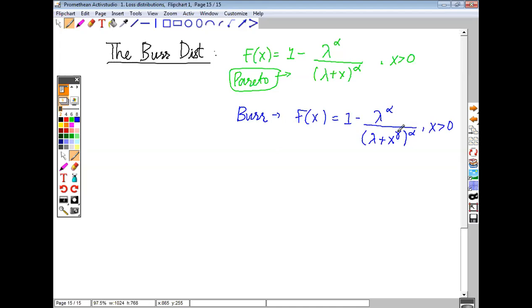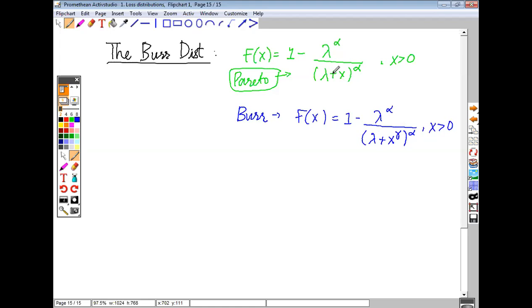I would suggest for you all to try to derive the mean of this Burr distribution. Then you can check whether it is equal to the mean of the Pareto, this Pareto, not the generalized Pareto that we derived. So you will probably have to figure out the mean for this one as well. When you substitute gamma as 1 in the Burr, you should get the answer for the mean that you got for the Pareto distribution.